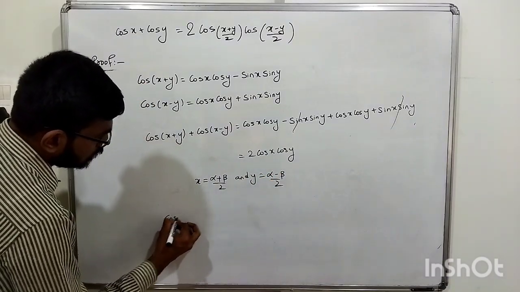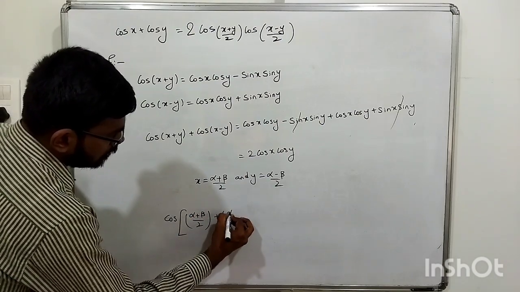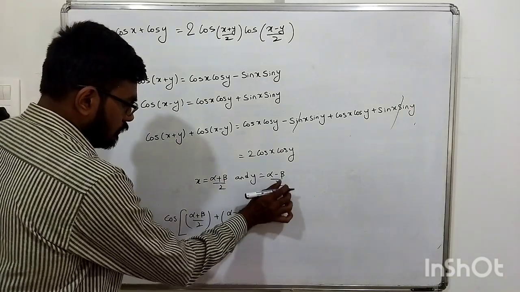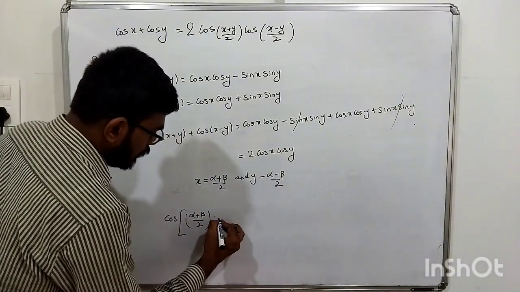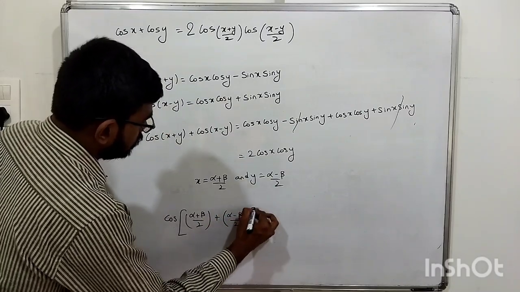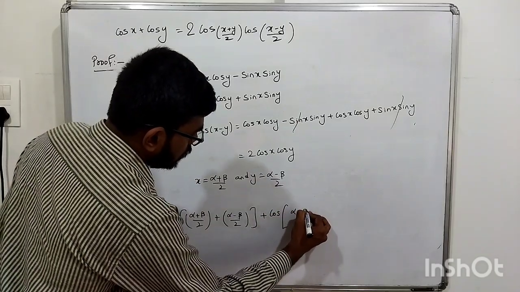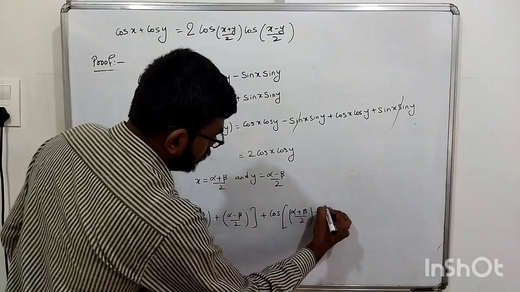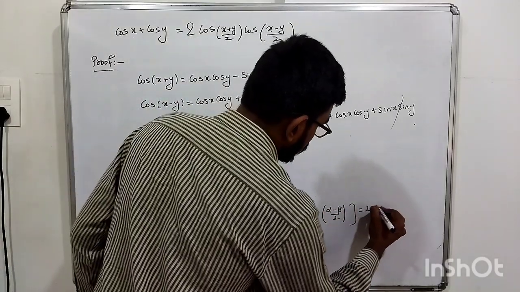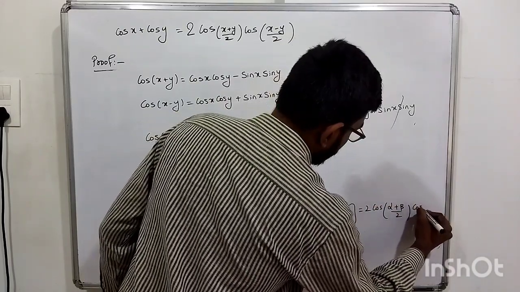What you get is cos of alpha plus beta upon 2 plus alpha minus beta upon 2, plus cos of alpha plus beta upon 2 minus alpha minus beta upon 2, and this side we have 2 cos alpha plus beta upon 2 cos alpha minus beta upon 2.